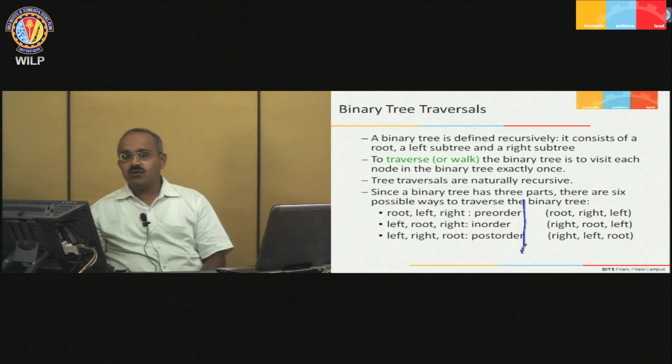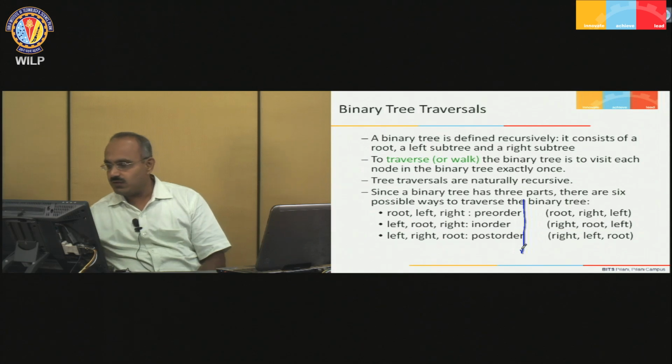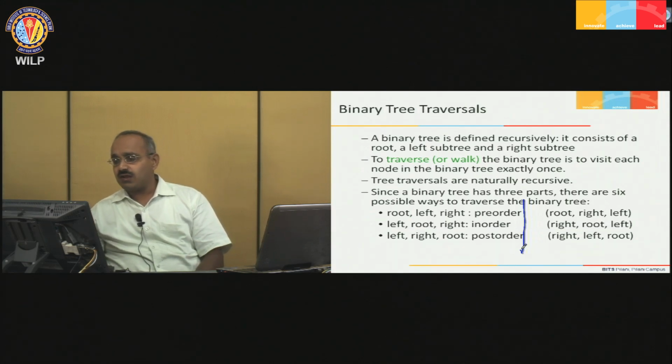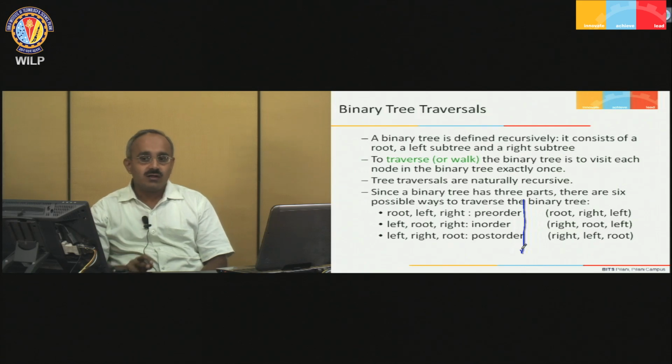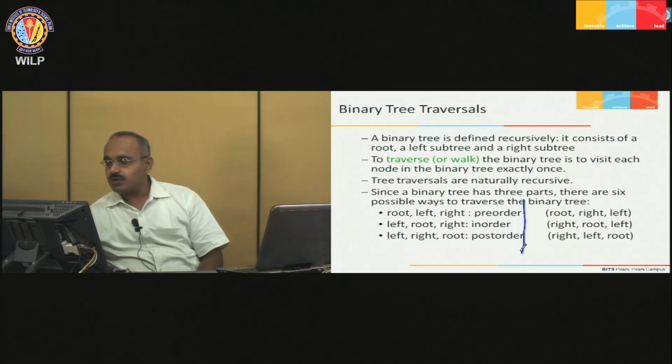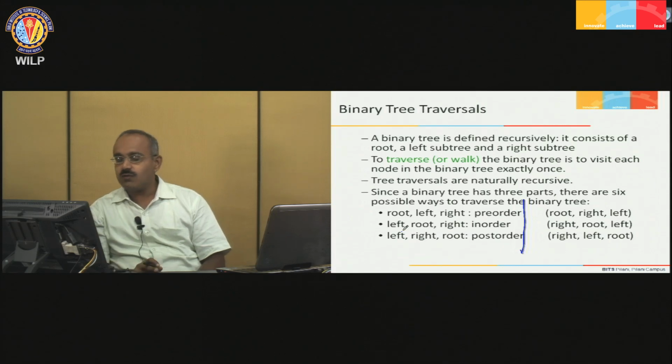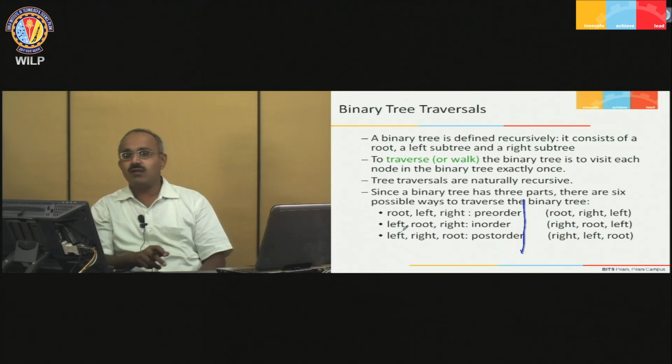So, root left right, or left root right, or left right root, and we are going to call them pre, in, and post, because this is decided by when we actually visit the root node. This is called pre-order because the root is visited first, in order because the root is visited in between left and right, and post because the root is going to be visited last.